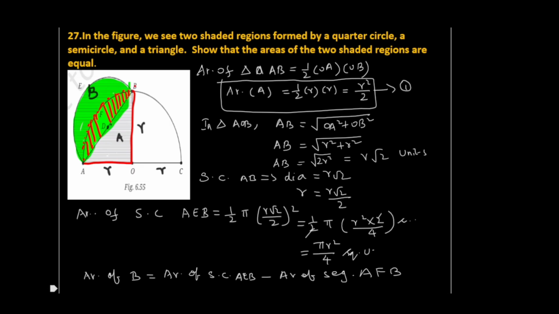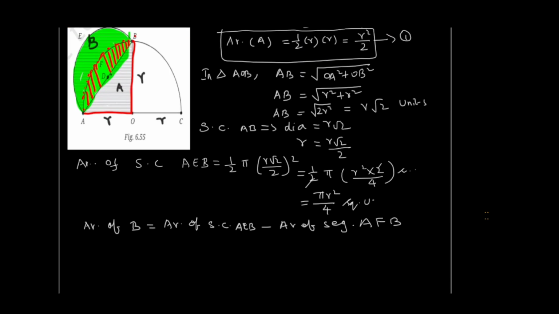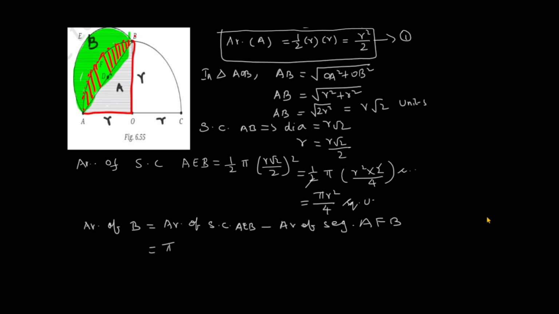To subtract that segment area, we have to subtract the area of sector minus the area of triangle. Area of semicircle pi R squared by 4 minus area of segment, which is area of sector AOBF minus area of triangle AOB.